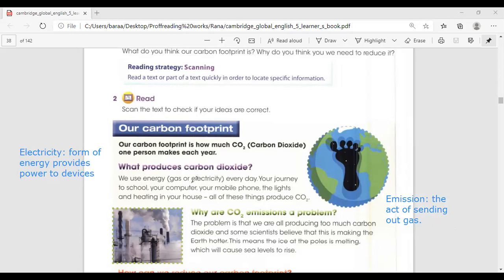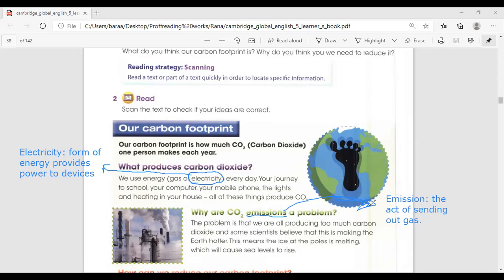So here the new word is electricity, and this is its meaning. I just wrote it here. And the word emission, the second one, and its meaning is here.